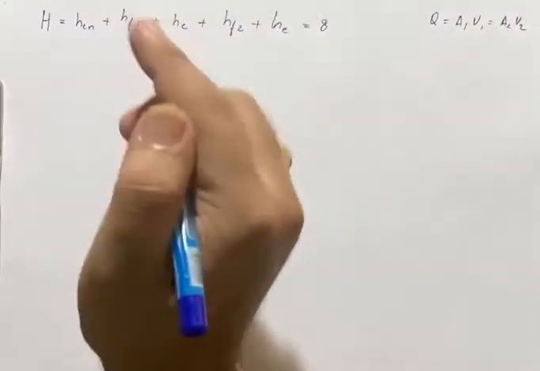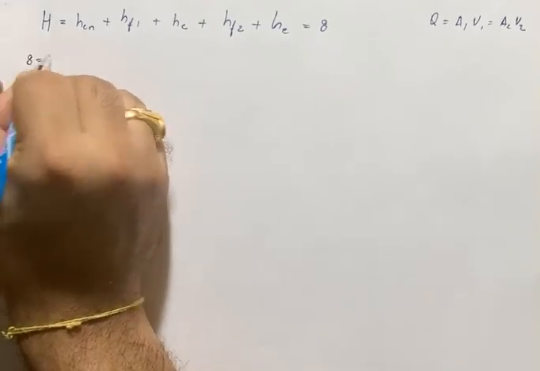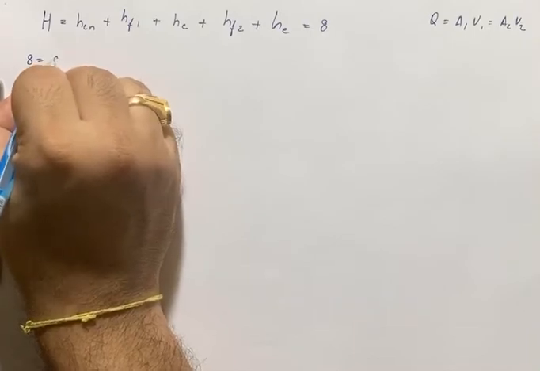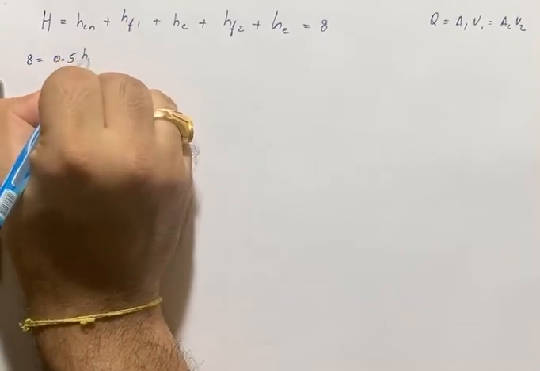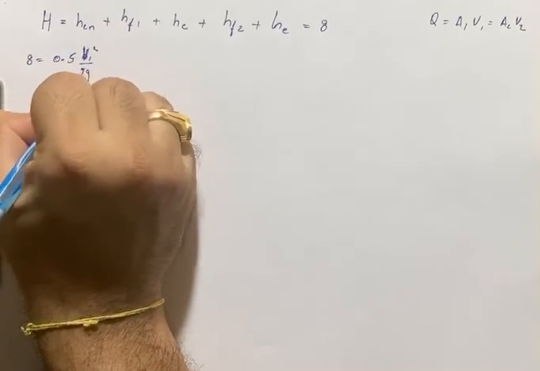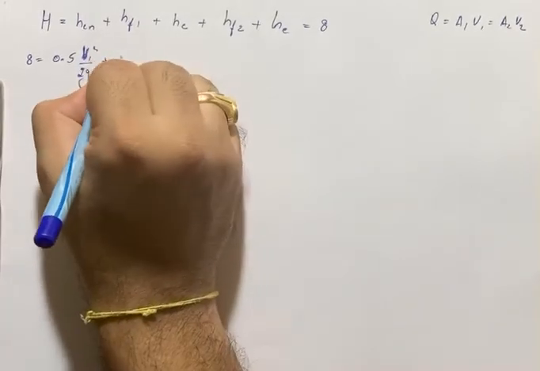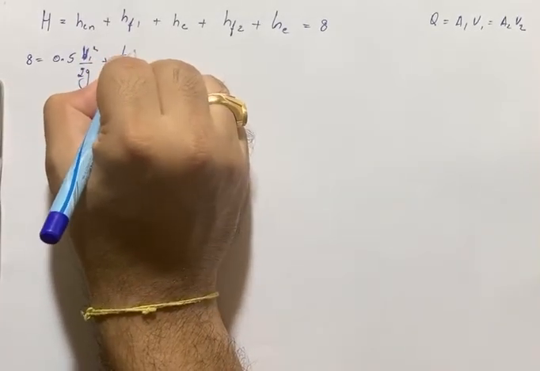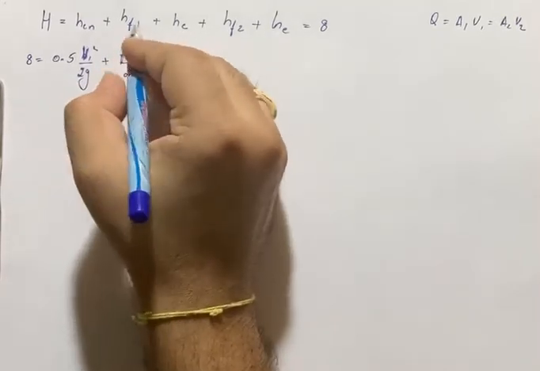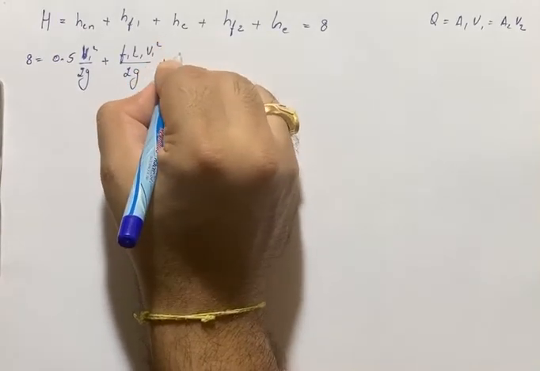Now to find that, I will write all the equations. That is, H is equal to loss of head at entrance, which is 0.5 V1 square by 2g. Why V1? Because it is in section 1 of the pipe. Next, f1 L1 V1 square divided by 2g, this formula is due to friction in pipe 1, plus loss of head due to sudden expansion.